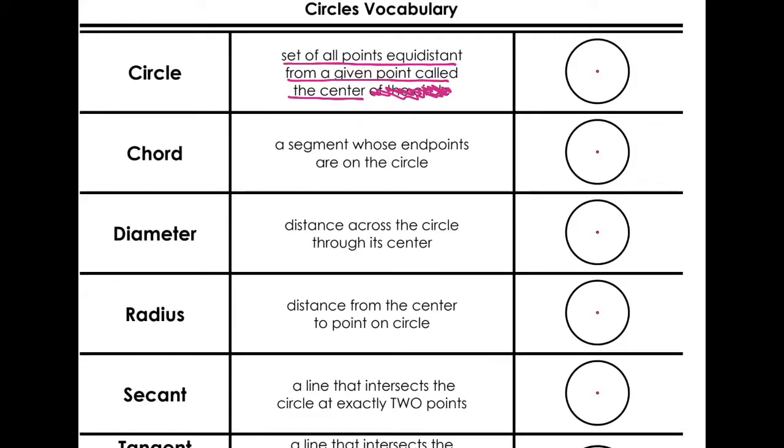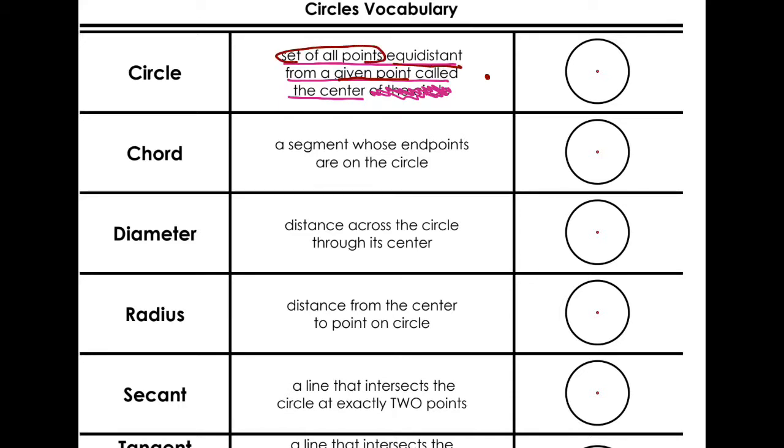But if you really break down the definition and what it's talking about here, the set of all points equidistant. Now, equidistant means equally distant from a given point called the center. So we have a given point. So if I just kind of draw, you don't have to do this on yours, I just want to explain this. Draw some given point. And I draw now the set of all points that are equidistant from that.